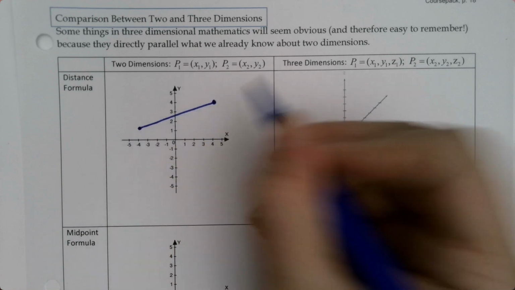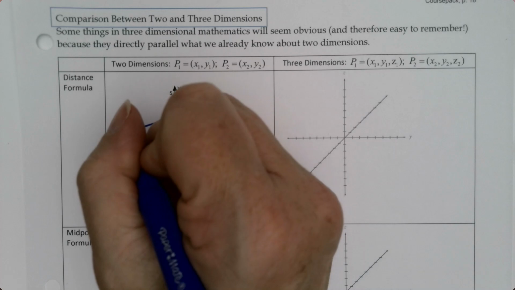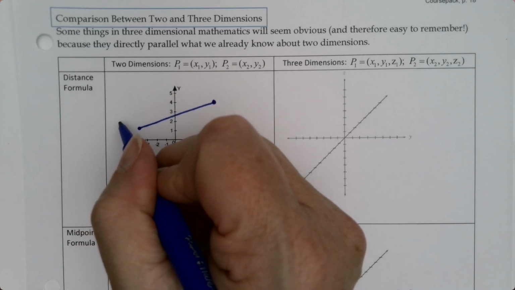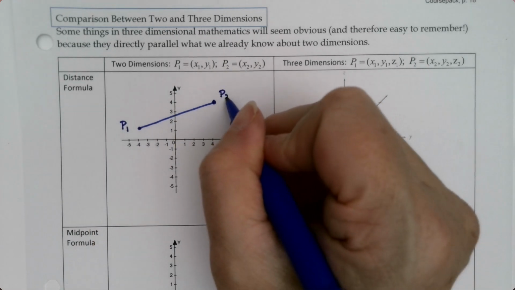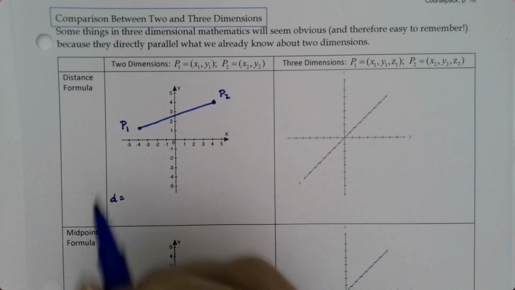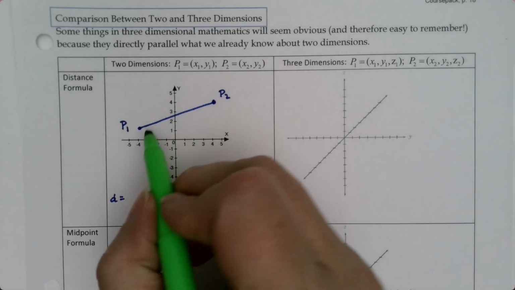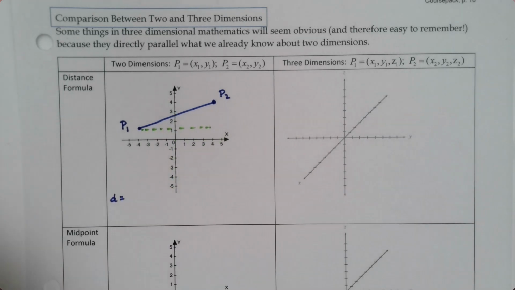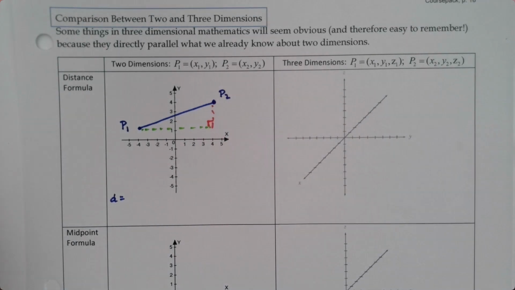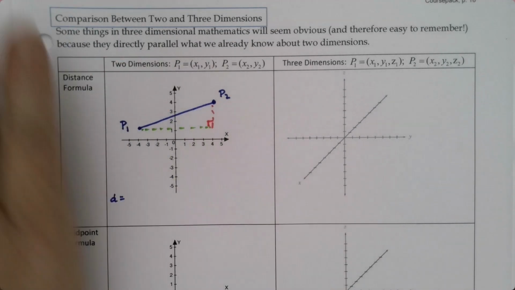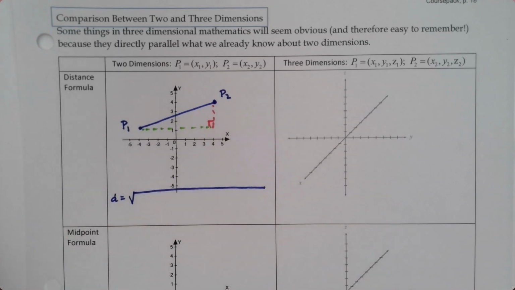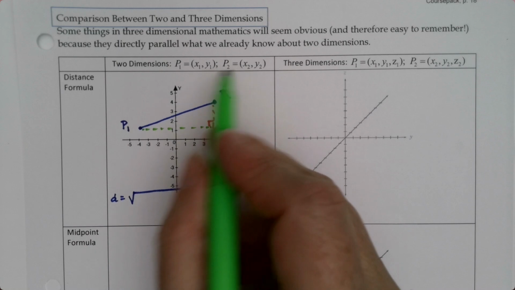We've actually already used it for a particular formula that we've run into already in section 13.1. So we have point 1 over here, and we have point 2 over here, right? So the distance is, now think about this, there's a right triangle, right? And so the distance is the square root of, now the horizontal piece is the difference in the x's, right?